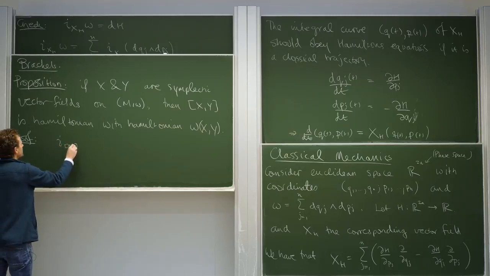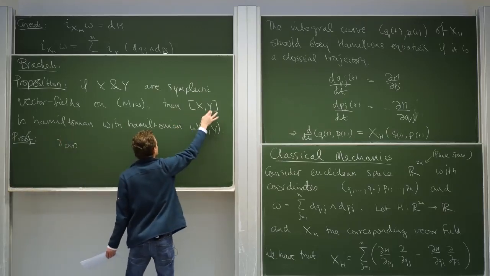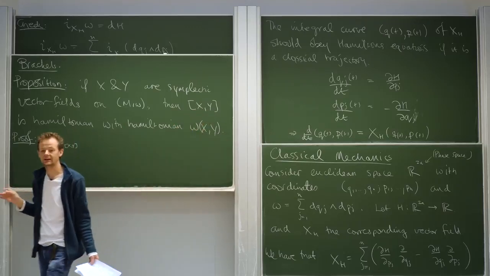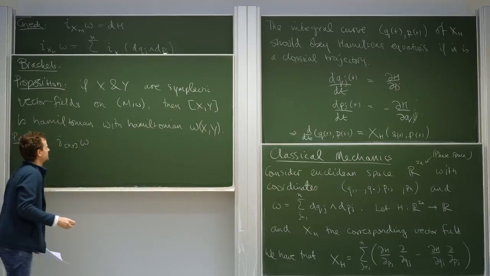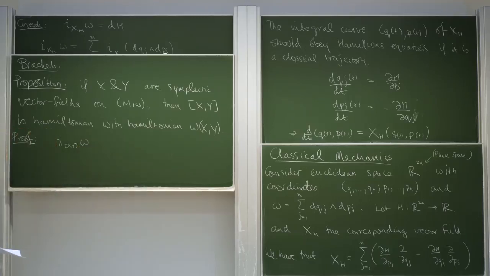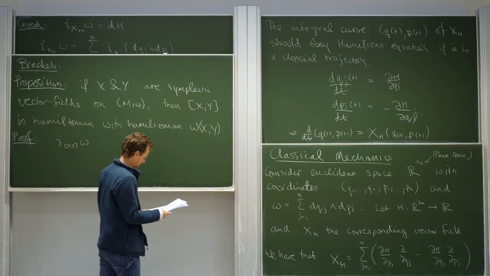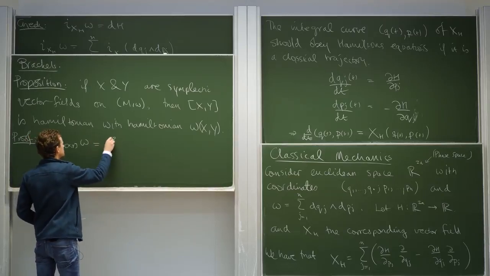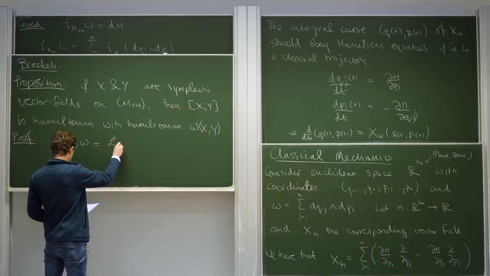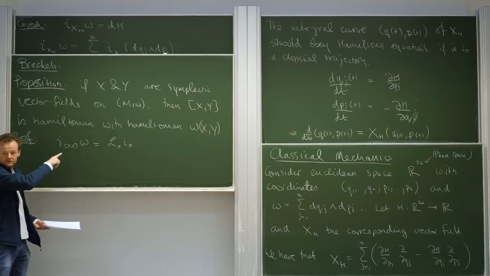So let's assess whether the vector field, the bracket of x and y, is Hamiltonian or not. Well, let's put it into our 2-form with the internal product and hope we get d of omega(x, y) out at the end. And we're going to use this nice observation that we had about internal products of brackets.